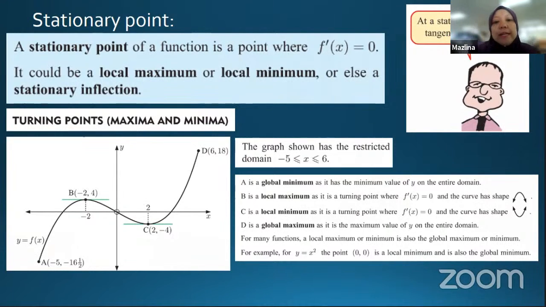Okay, so for many functions, a local maximum or minimum is also the global maximum or minimum. Yeah. So here, given y equals x square, the point 0, 0 is a local minimum and also a global minimum. Itu untuk contoh y equals to x square. You can imagine, right? It is a local minimum and it is also the global minimum. Ya, sebab dia paling bawah.